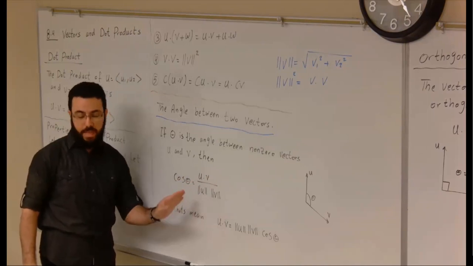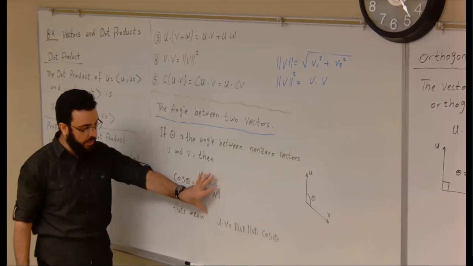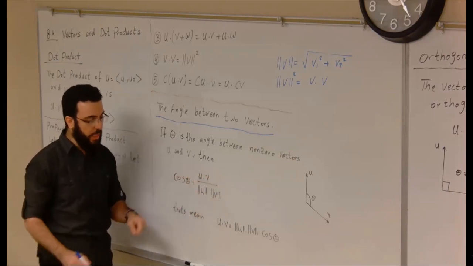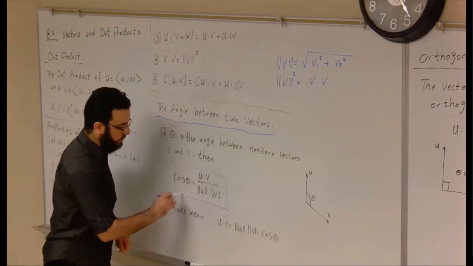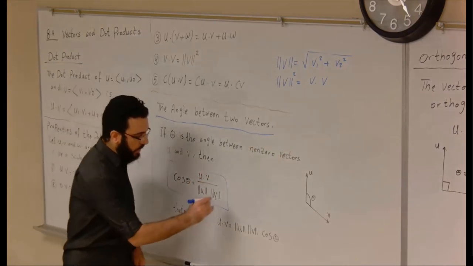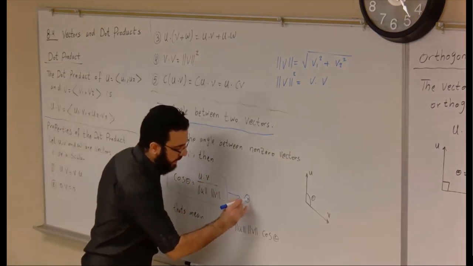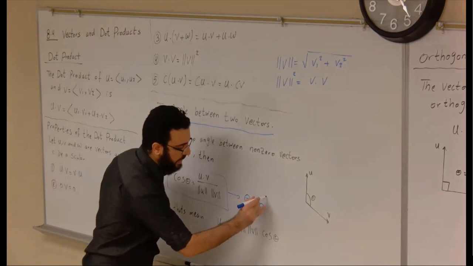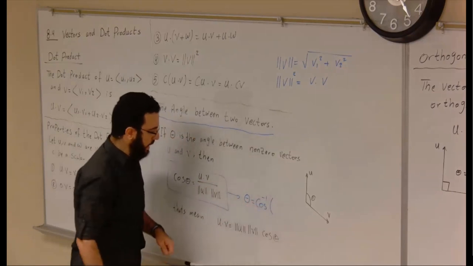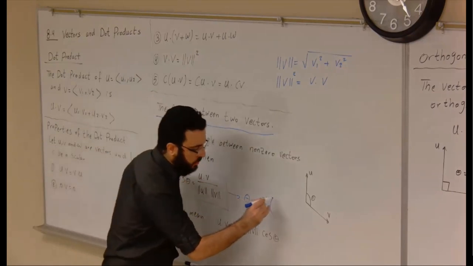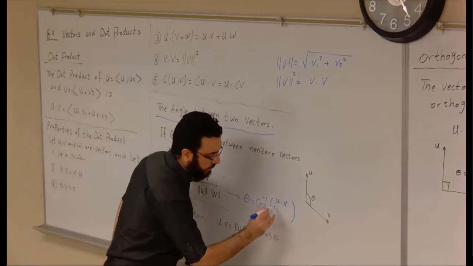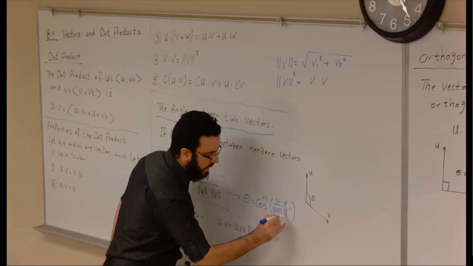Then theta is going to be cosine inverse of the dot product between u and v over the length of u and the length of v.